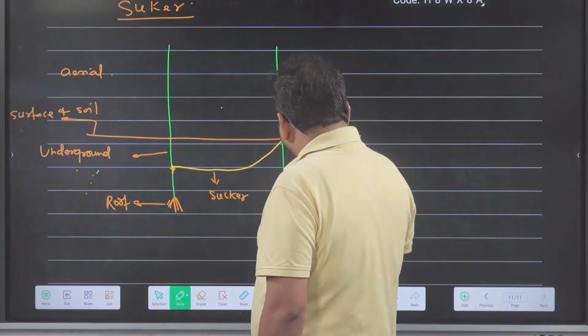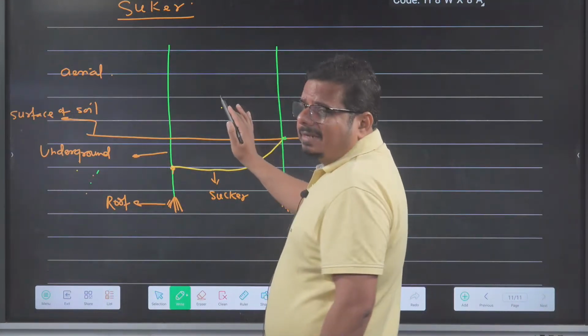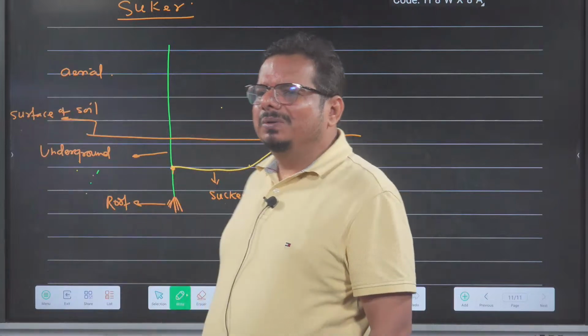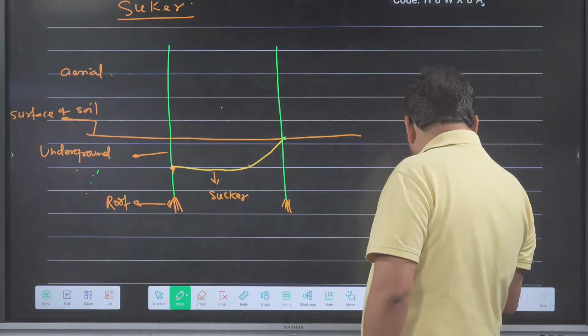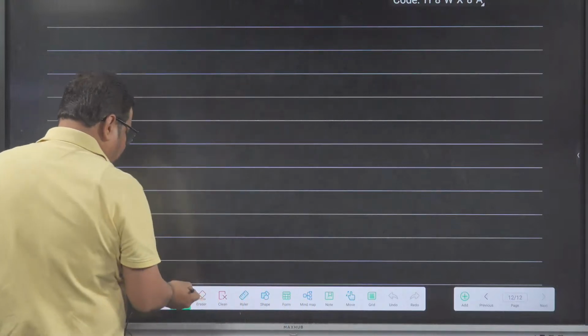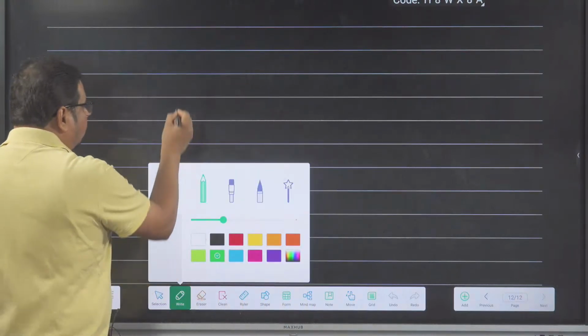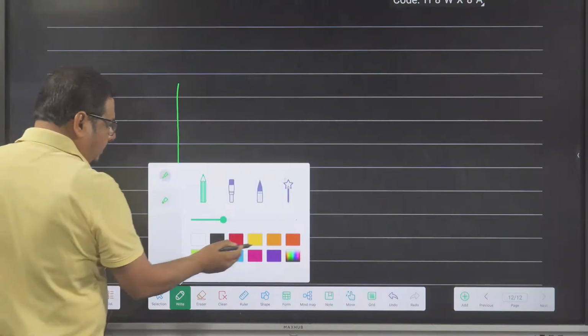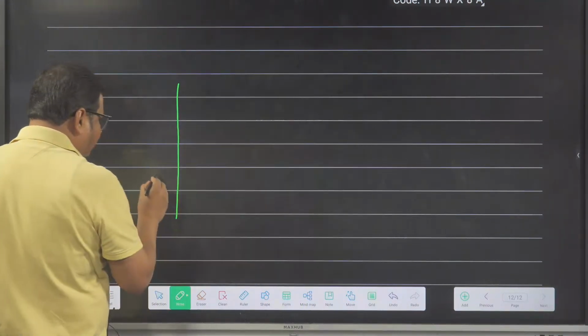Right? So here it is sucker. So do you understand sucker? Surely, you now know the difference between runner and sucker. Now I am going to talk about stolon and offset. See the stolon. This is a stem. This is the surface of the soil.